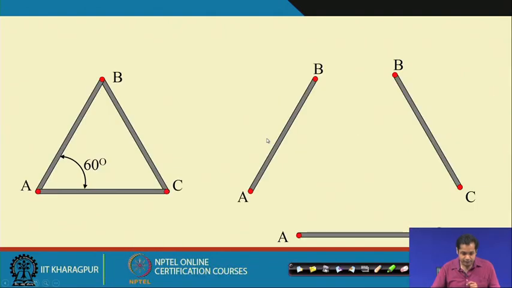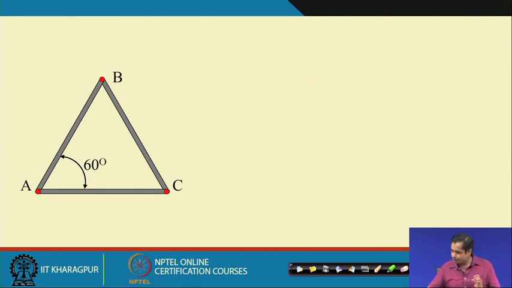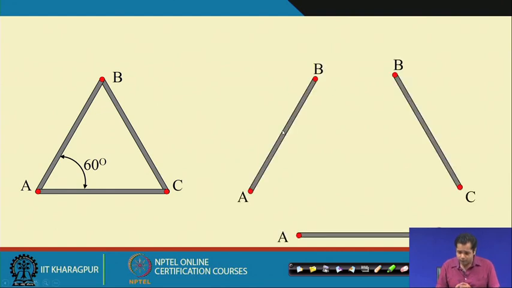Now, let us give you an example of the same problem, the truss problem. As I said, for every member we have to write the force displacement equation. Let us consider one truss member and see what the force displacement relation is for this member.